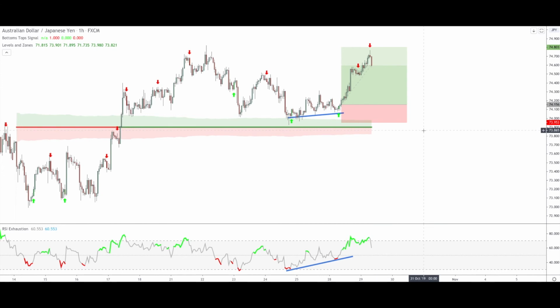Should we close the trade, or do we have a sell setup? Not really, because as you can see here, the RSI went slightly down and then slightly up. First of all, it's pretty much at the same level, so it's not really moving down that much.